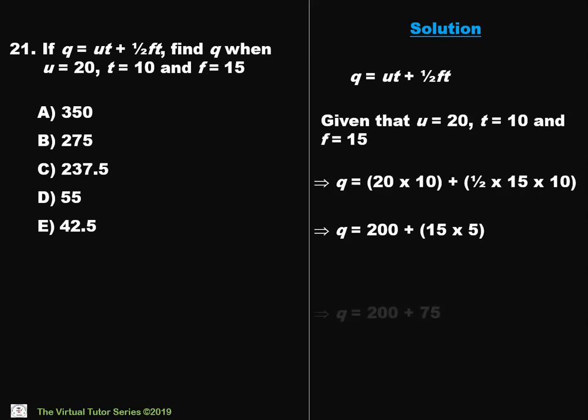So we have K is equal to 200 plus 75. 200 plus 75 is 275. Therefore, K equal to 275. The correct answer, therefore, is option B.